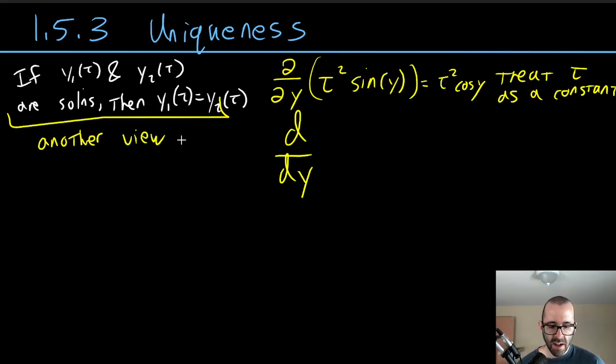And this way is actually really useful a lot of times, because we might have two different solutions and there might be unknown things about them. If we prove that the solution's unique, we say, oh, these are actually the same solution, even though they might not look the same, or even though we might not know everything about them, that tells us things about them. So we will use this formulation sometimes as well for uniqueness.